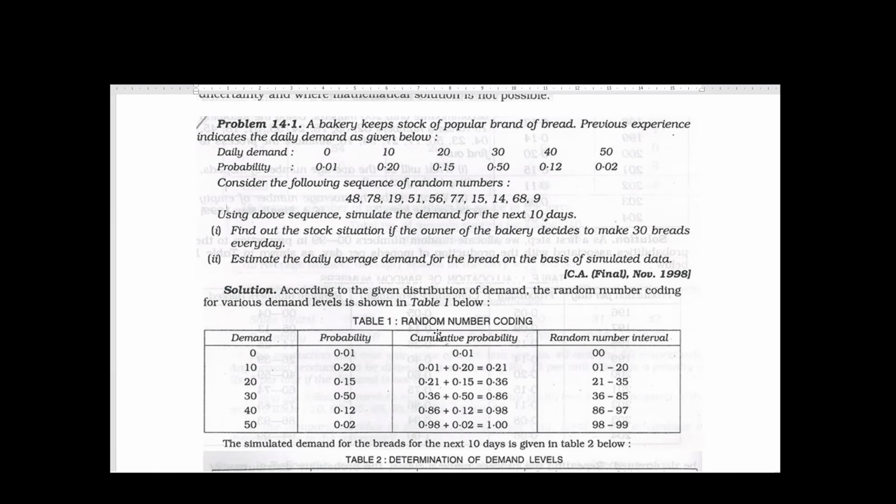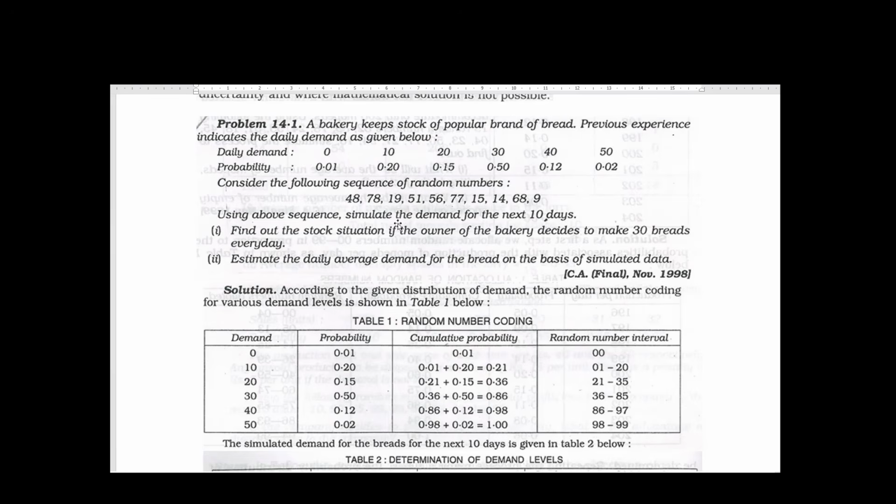In the third column we will add to find out the cumulative probability. So 0.01, 0.20 plus 0.01 is 0.21, 0.21 plus 0.15 is 0.36 and so on. When we add all, we will finally get 1, because the cumulative will always be equal to 1.